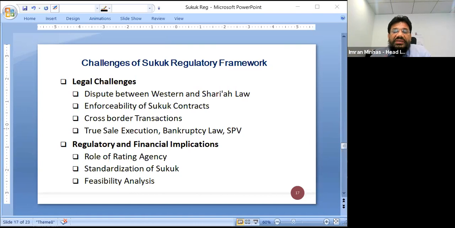However, the judge ruled that there cannot be two separate laws. They said there can't be two separate legal systems governing a contract. So the national system is the valid law to govern the contract, and they rejected the Sharia principles in the Sukuk. In many Sukuk issues, there is another issue, which is cross-border transactions.